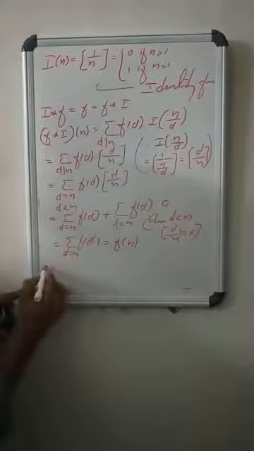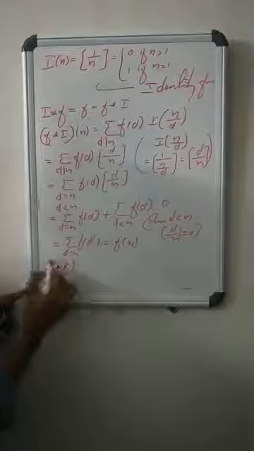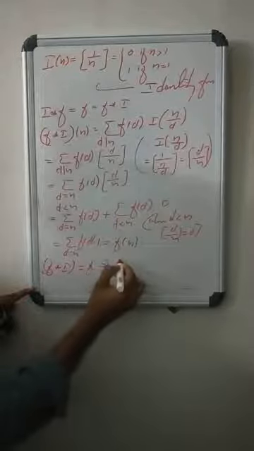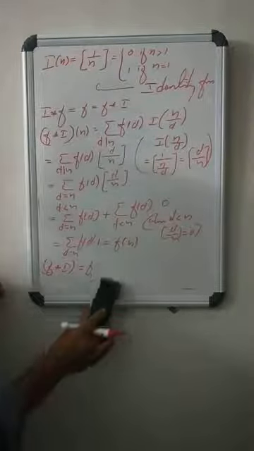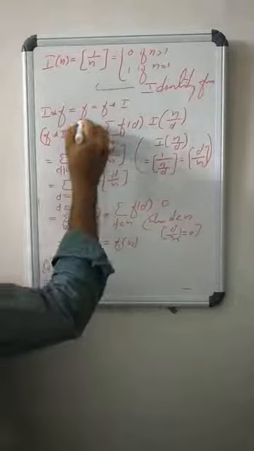So that means f star I equals f. This is the second one, f star I equals f.